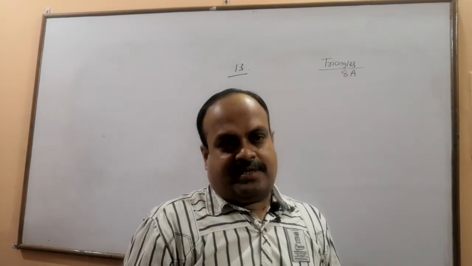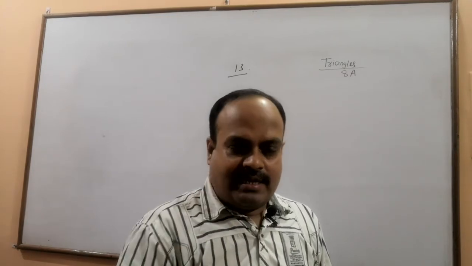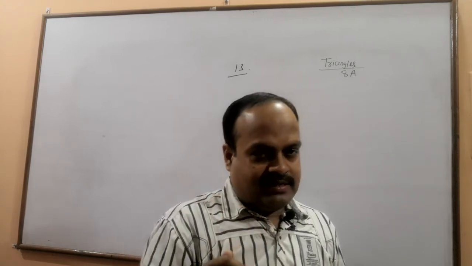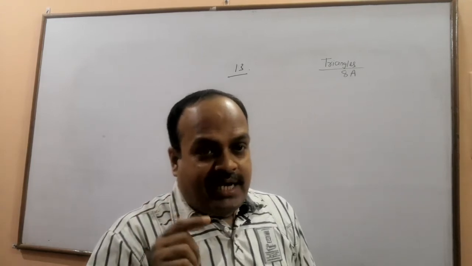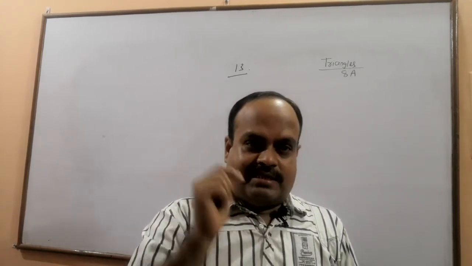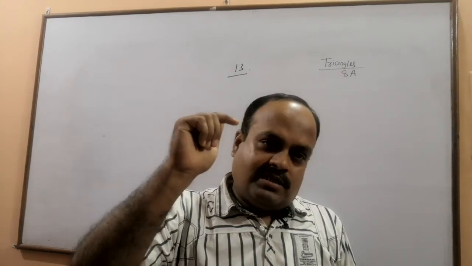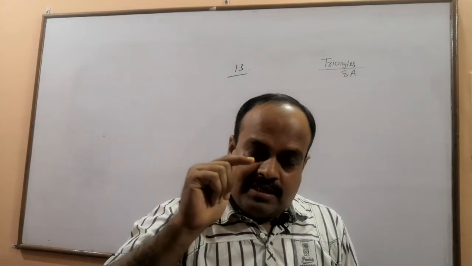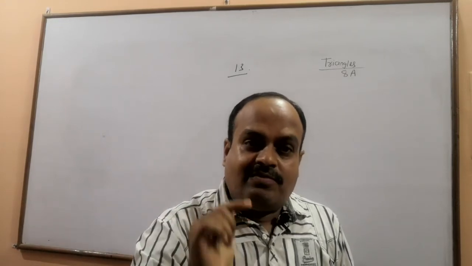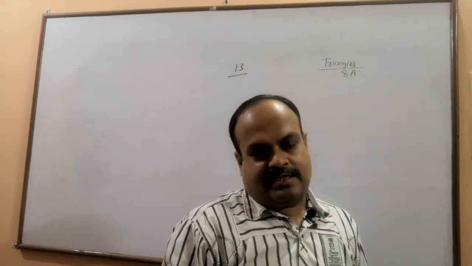Now the second thing, median of a triangle. So I will start with median. A median is a line segment which joins the midpoint of a side with the opposite vertex.